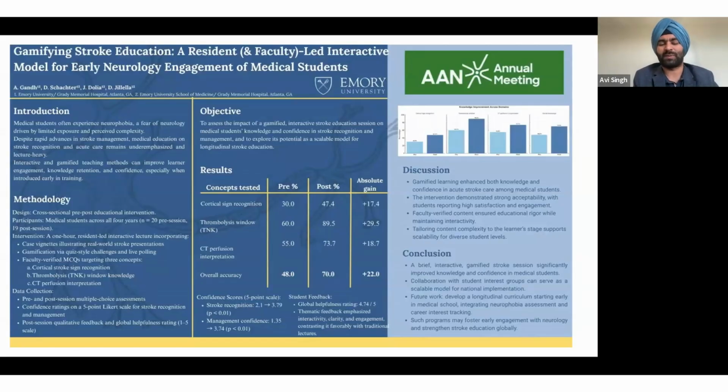In this session, what we specifically ended up doing was a brief didactic session, but as you'll see across the next few slides, there is very limited information on the slide so that the information does not become overwhelming.